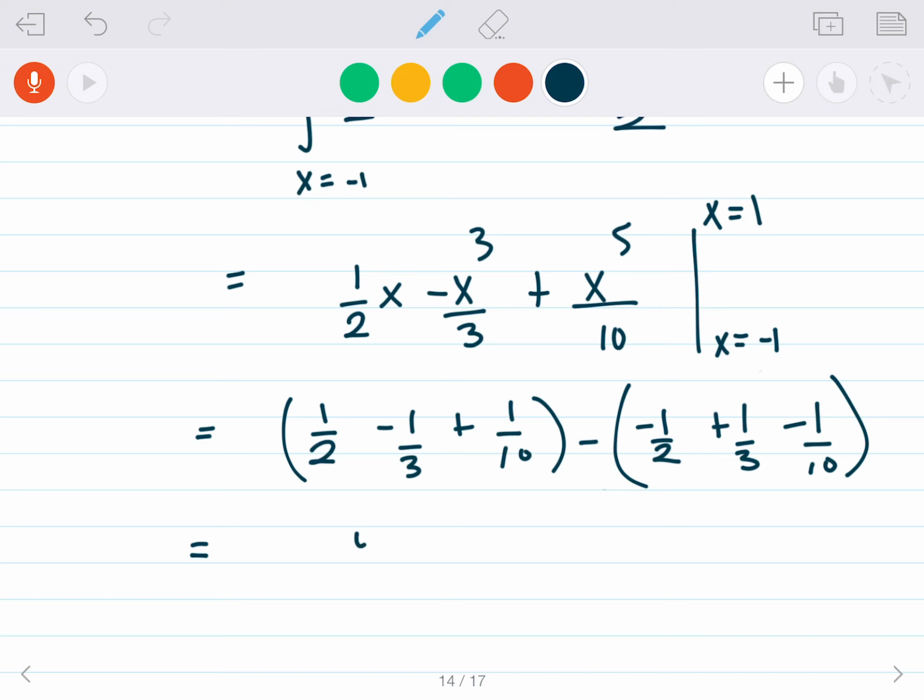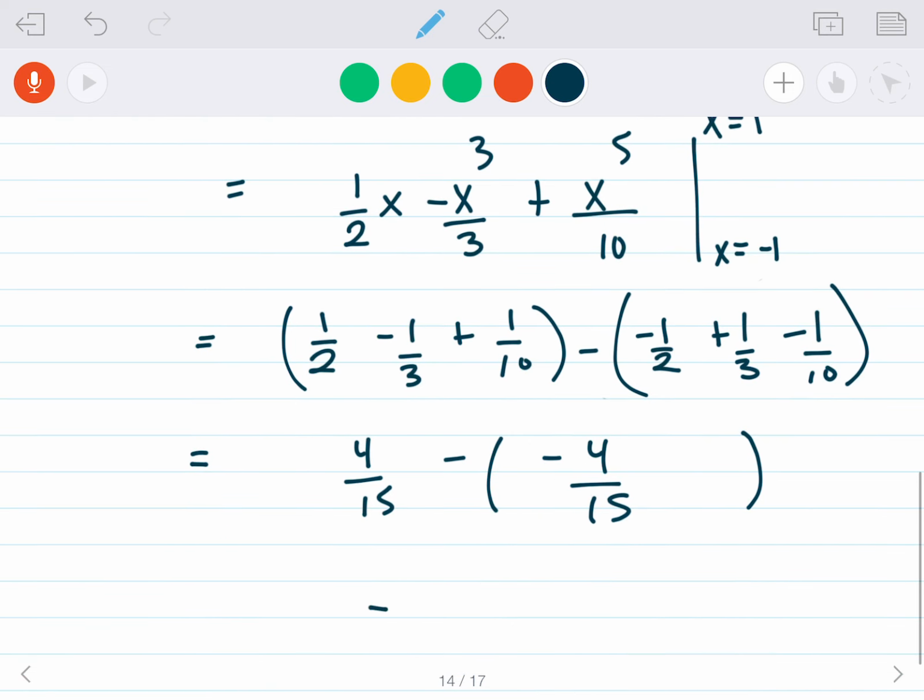Okay, so this is 4 over 15 minus... okay, so this is going to be 8 over 15, and that is our answer.